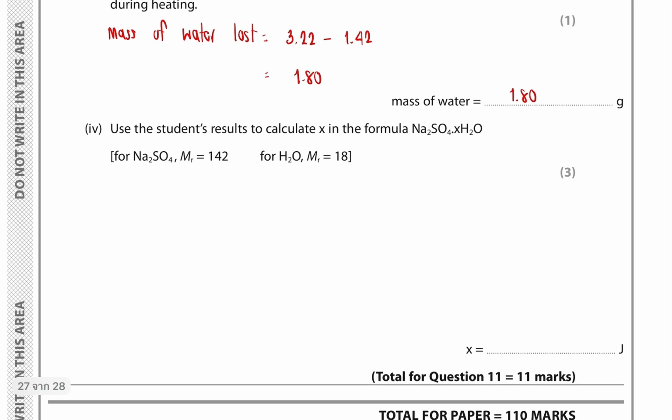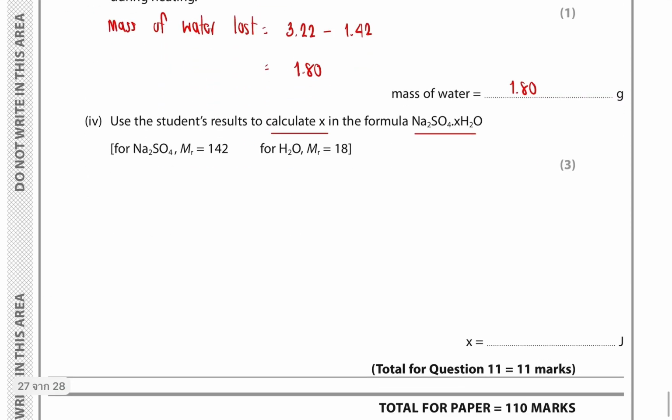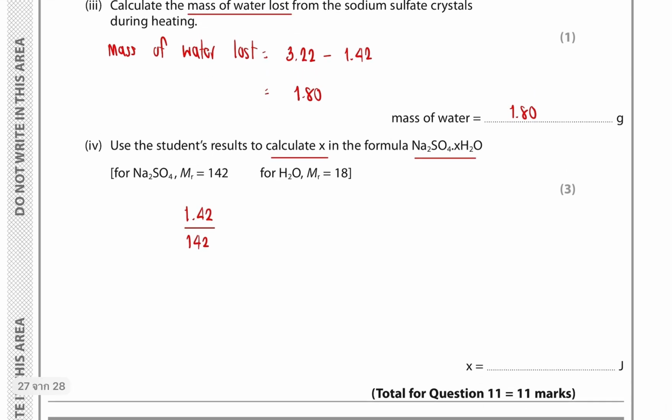Then use the student's results to calculate X in the formula of sodium sulfate with X water. So we have the moles of sodium sulfate, which is equal to 1.42 divided by Mr, which is 142. And we will compare with the mass of water lost, which is 1.8 divided by Mr of water, which is 18.